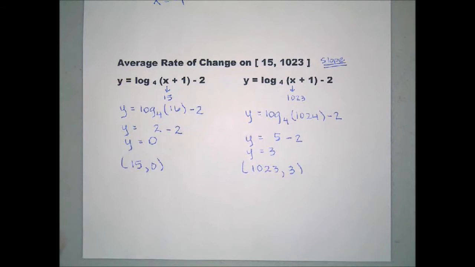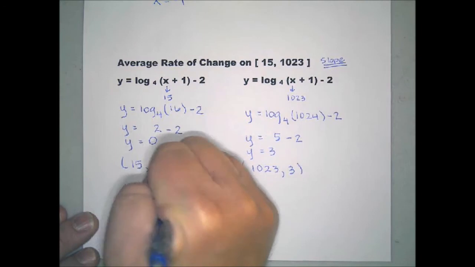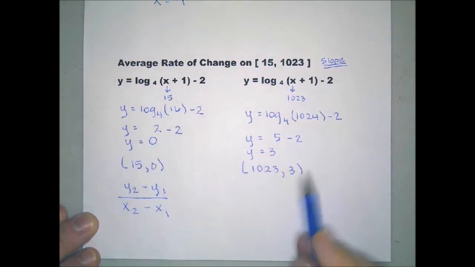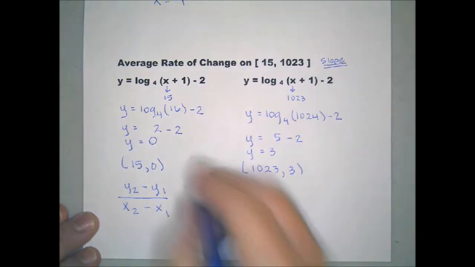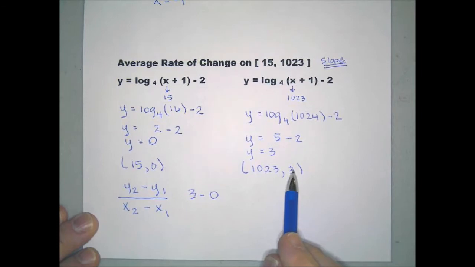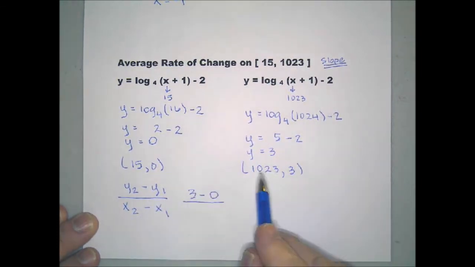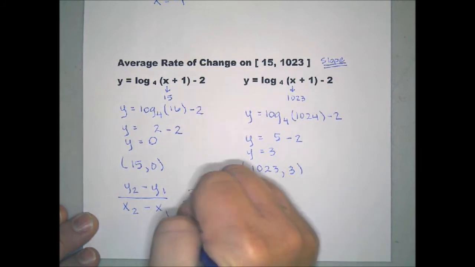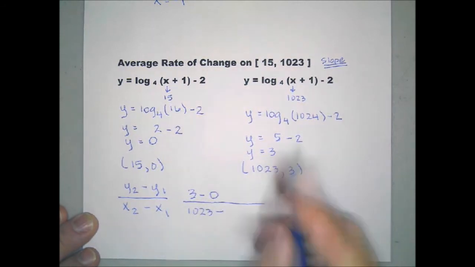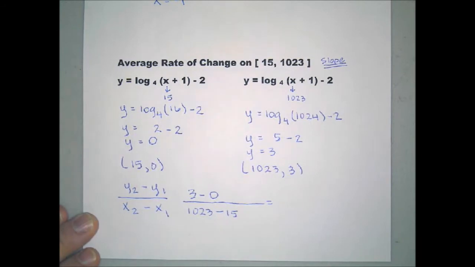So now to find the average rate of change, I just do slope: y2 minus y1 over x2 minus x1. I'm going to choose this as my y2, so 3 minus 0, this y minus that y, over this x minus this x.